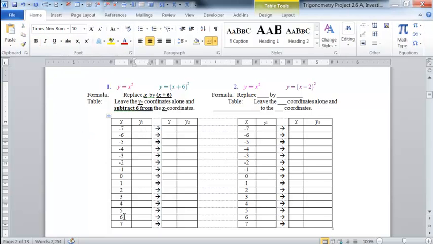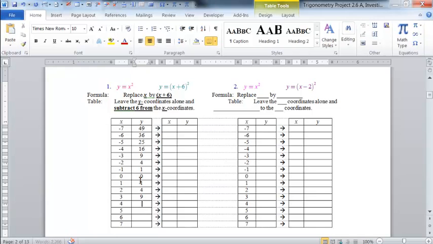So let's do this. Now, to fill out this table, I've given you some specific x values, and we're using the formula y equals x squared to figure these out. I want to figure out the y. So the formula is just square the x's. So I just type in the boxes here. Negative 7 squared is 49. Negative 6 squared is 36, and so forth. I don't need a calculator for this, although this would be pretty easy to do in the calculator as well.